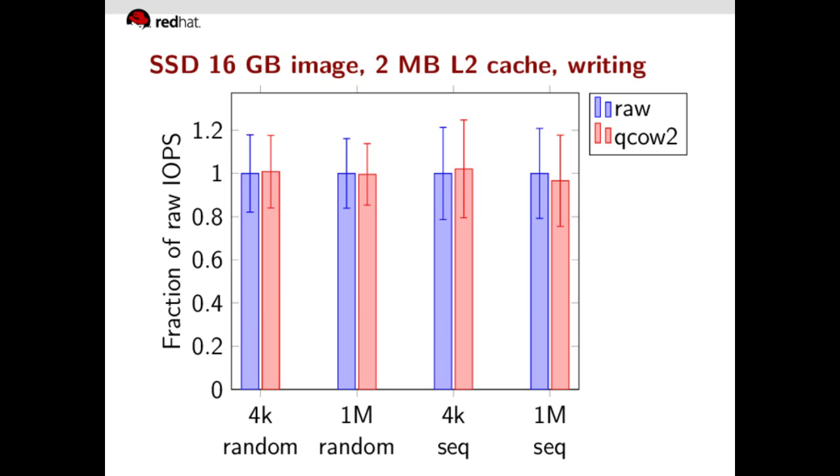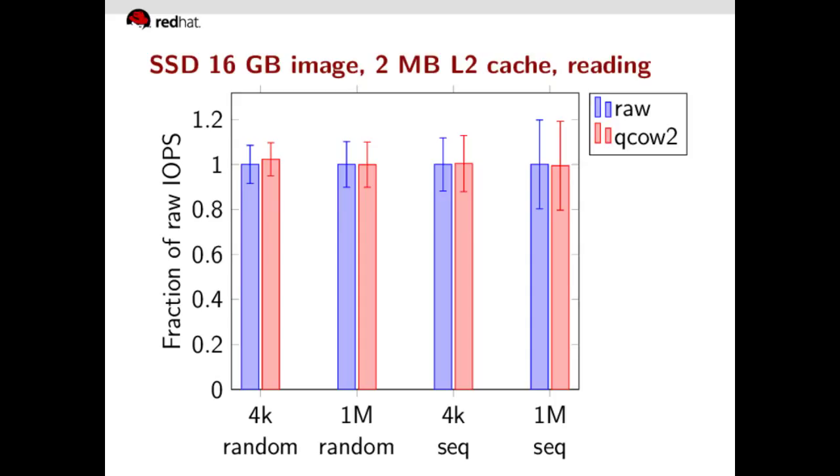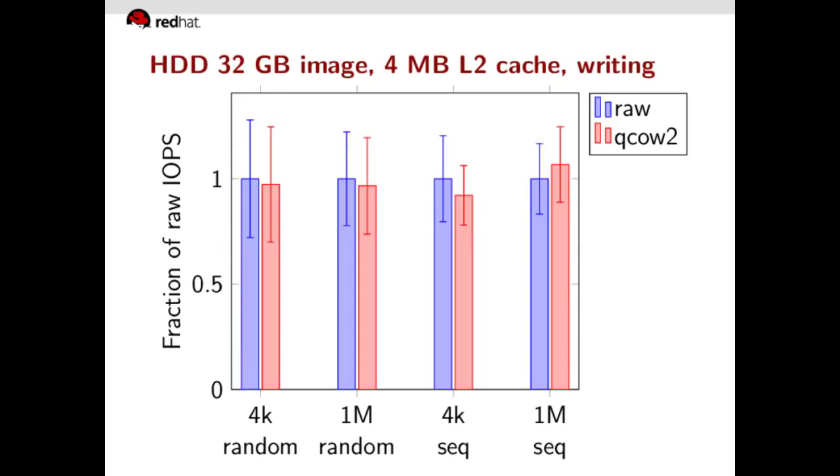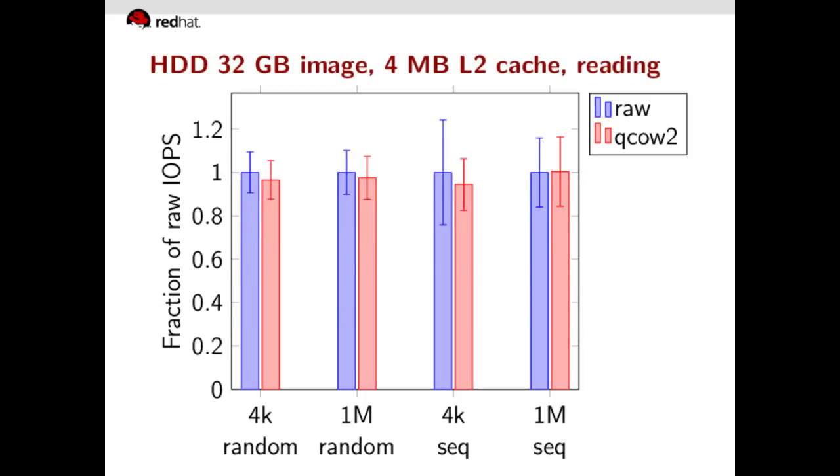For our 16 gigabyte image, we would need at least a 2 megabyte L2 cache. And now everything's fine again. Great. For writes and for reads. Trying again with a 32 gigabyte hard disk image with a 4 megabyte L2 cache. Looks good again, both for writing and for reading.